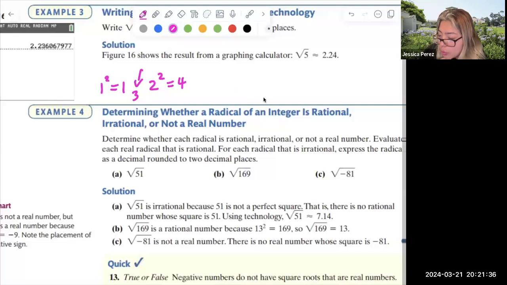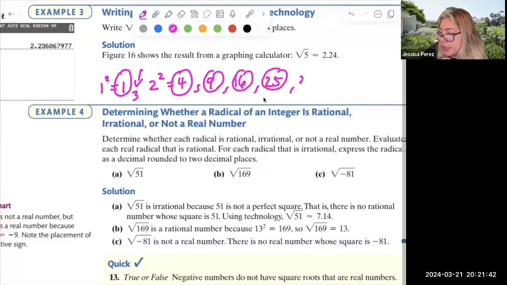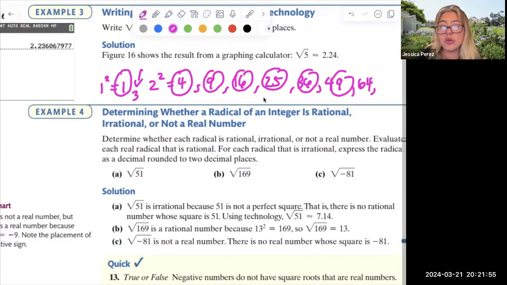So 1, 4, 9, 16, 25, 36. What's the next one? 7 times 7 is 49. And then the next one would be 64, then 81, then 100, and so on and so forth.